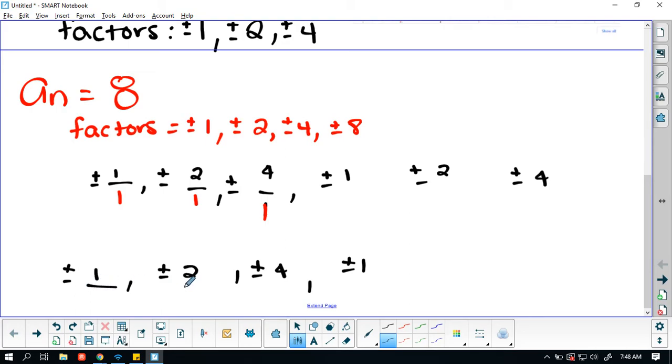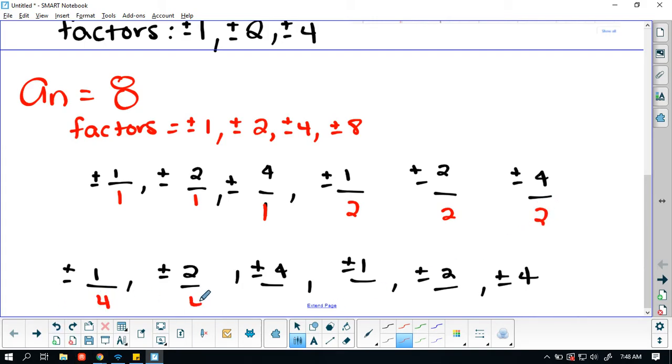I should put the bar underneath. Positive negative 2, positive negative 4. And now I'm just going to divide by these factors: 2, 2, and 2, 4, 4, and 4, 8, 8, and 8.